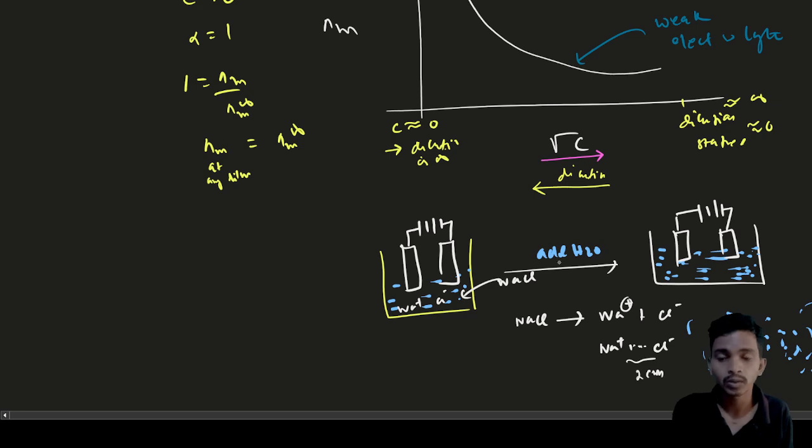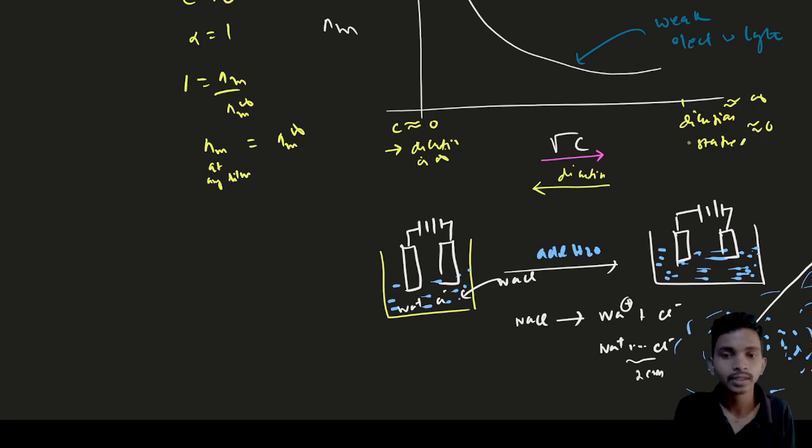And whenever you add an infinite amount of water, a huge amount of water will be there. So this Cl minus may be here, and the distance between this and this increases by a huge amount. Let's say because of the huge amount of water, Cl minus has gone here and here only water is there.